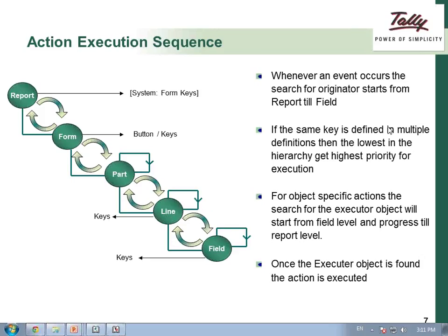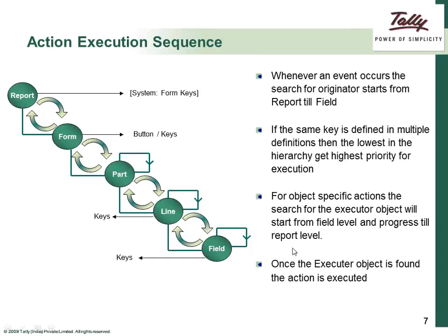So if I have the key combination specified as Control A at form and at field and at line, then the highest priority will go to which one? Field. Absolutely right, Thomas. So, in case in any of these circumstances you feel that your key is failing to perform the action provided by you, this could be a very valid reason.